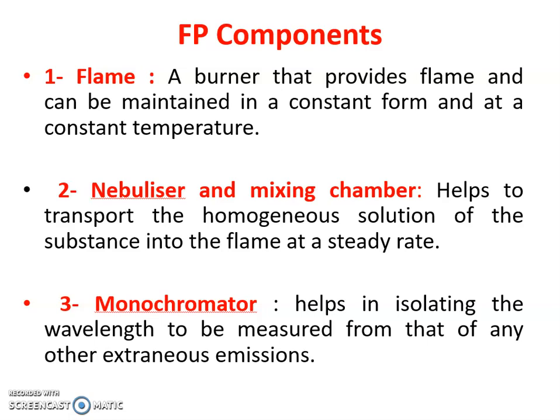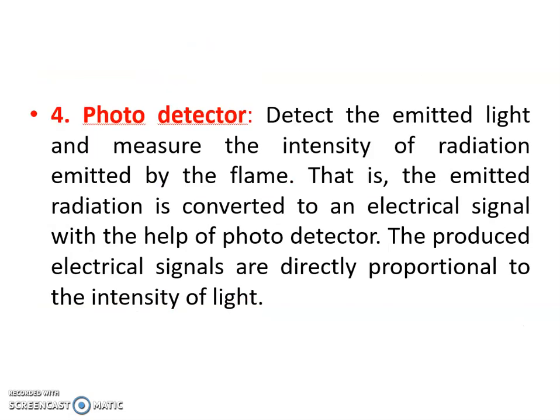Monochromator helps in isolating the wavelength to be measured from that of any other extraneous emission. Now, photodetector: it detects the emitted light and measures the intensity of radiation emitted by the flame. That is, the emitted radiation is converted into an electrical signal with the help of the photodetector. The produced electrical signal is directly proportional to the intensity of light.